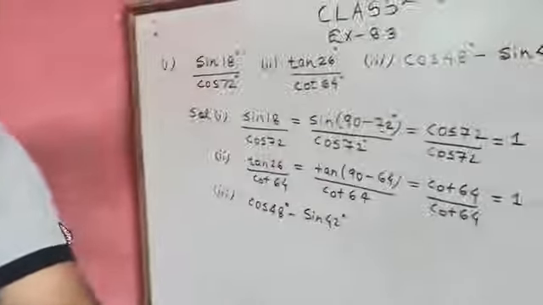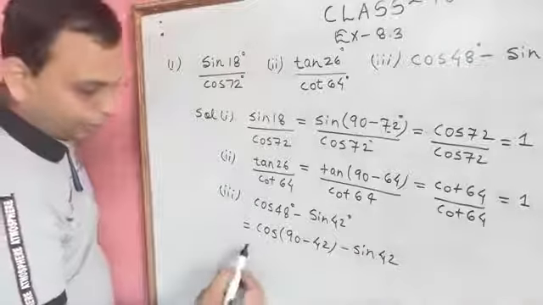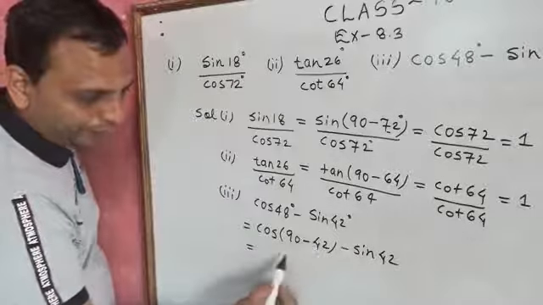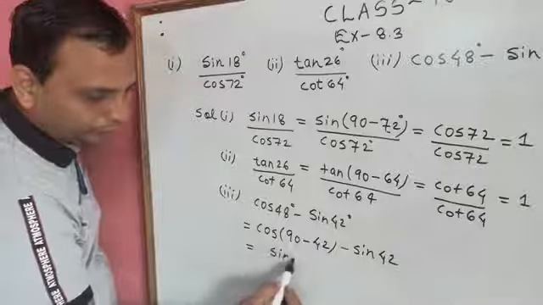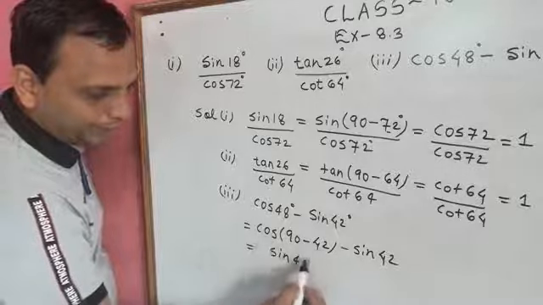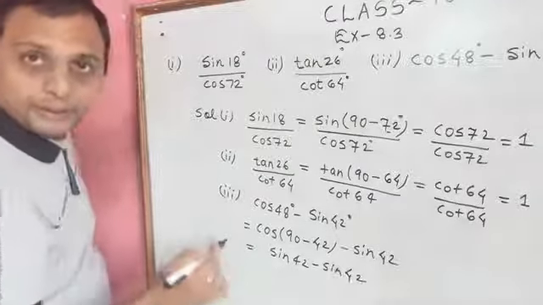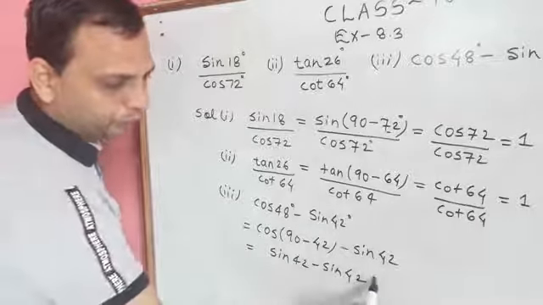So cos(90 minus, what do we have to subtract? 42). If I subtract, 90 minus 42 is 100% equal to 48, minus sin 42. Now cos(90 minus angle A) is equal to what? Sin 42, because I already told you cos(90 minus angle A) is sin A. So sin 42 minus sin 42 will be equal to 0.